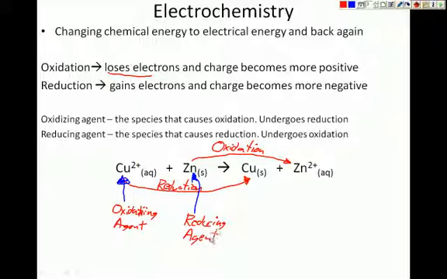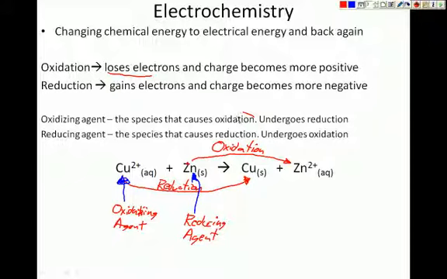Now this is getting a little bit confusing, as we see here. So even though zinc undergoes oxidation, zinc is a reducing agent. Copper undergoes reduction, but it's an oxidizing agent. So the oxidizing agent is reduced, and the reducing agent is oxidized.